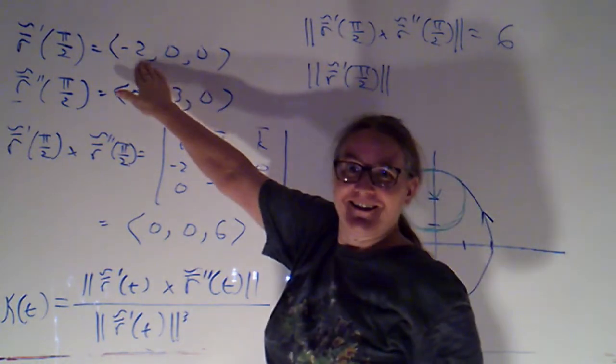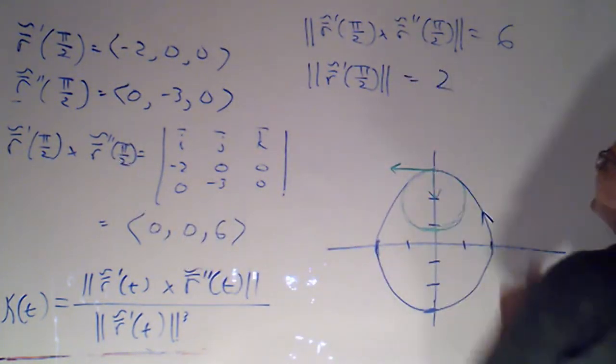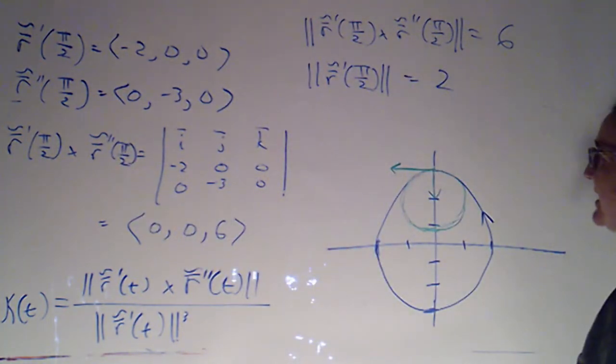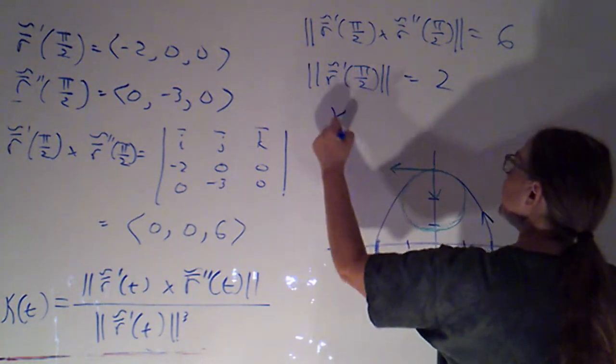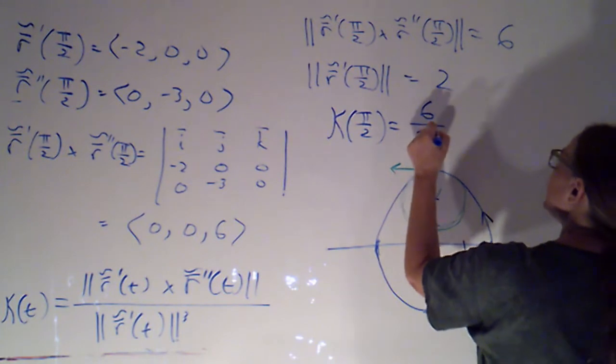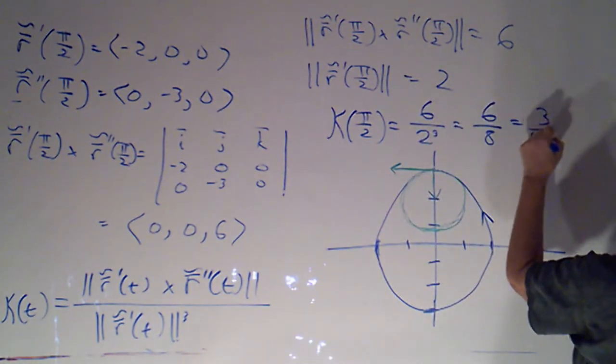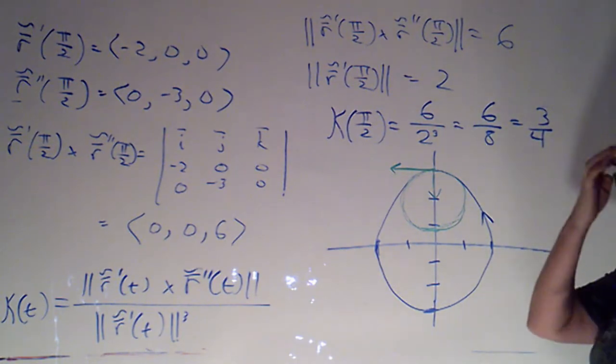That's just 2, because that's just a vector that points 2 back. Okay. So my curvature at pi over 2 is 6 over 2 cubed. That's 6 over 8, or 3/4.